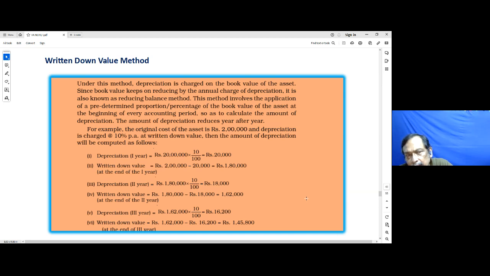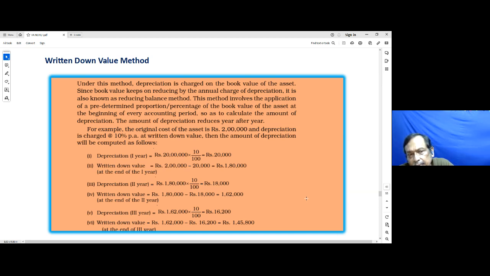This method involves the application of a predetermined percentage to the book value of the asset at the beginning of every accounting period so as to calculate the amount of depreciation. The amount of depreciation reduces year after year.